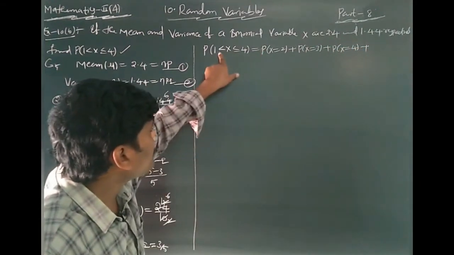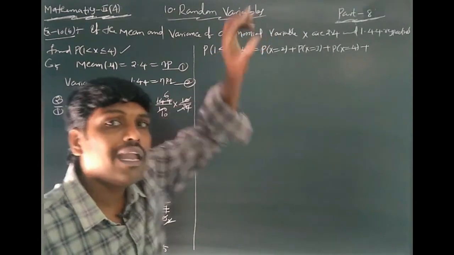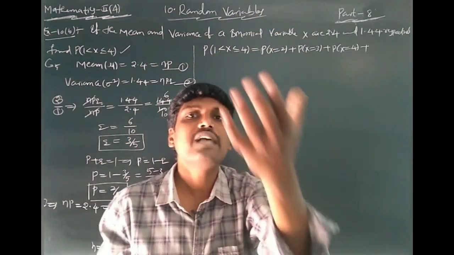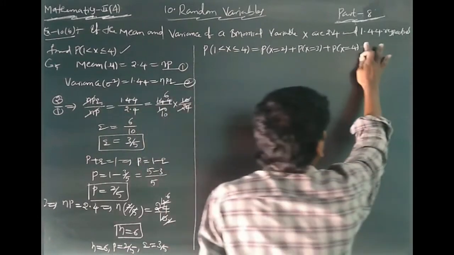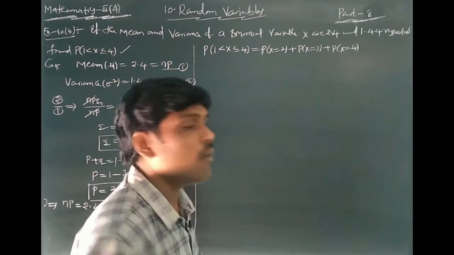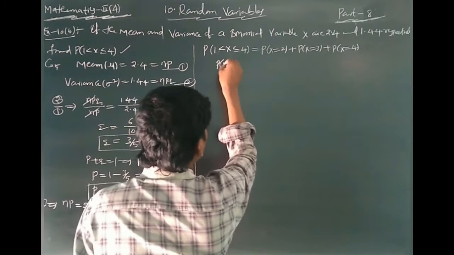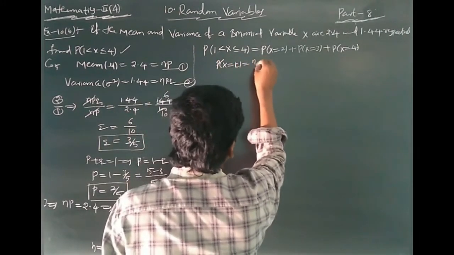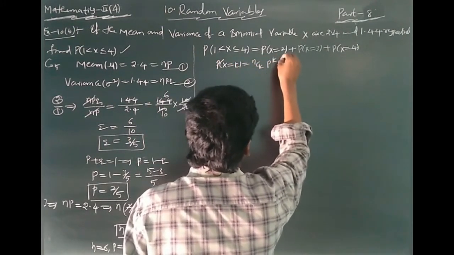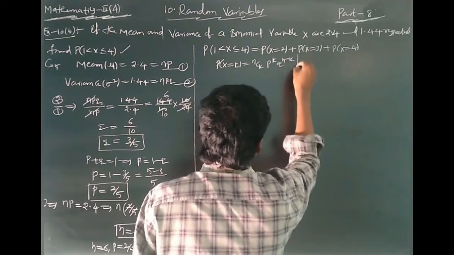Here the value of X is more than 1, up to and including 4. Exactly 4 is possible, 5 is not possible. What is the formula of binomial distribution? P of X equal to k equal to nCk p power k q power n minus k. This is the formula.